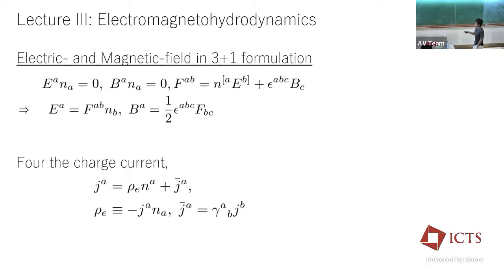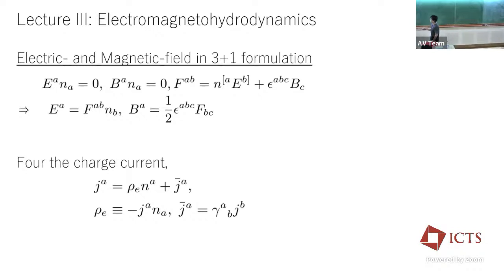Also, B^a n_a should be 0, which means that the Faraday tensor F^{ab} can be written in terms of E^a and B^c plus n^a, something like this. So by this condition, E^a is given by these equations, and the magnetic field is given by these equations, right?